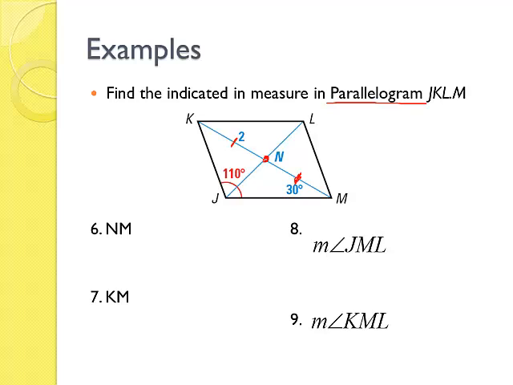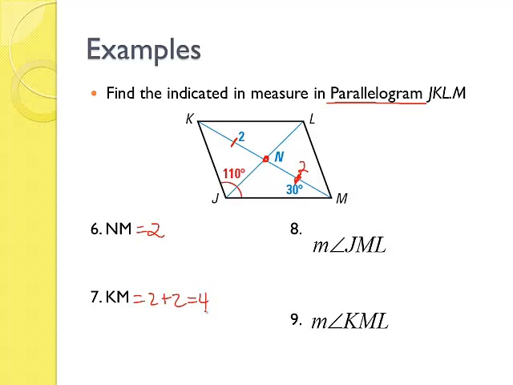So if we know that KN is 2, that means NM has to be 2 as well, because diagonals bisect each other. What about number 7? We're trying to find KM's length. Well, we know that NM is 2. KM's length has to be 2 plus 2, which is 4.